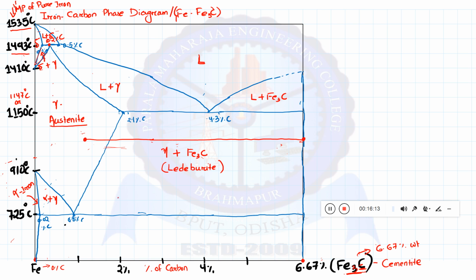Okay, everyone. So I guess this finishes the basic iron carbon phase diagram or Fe3C phase diagram.